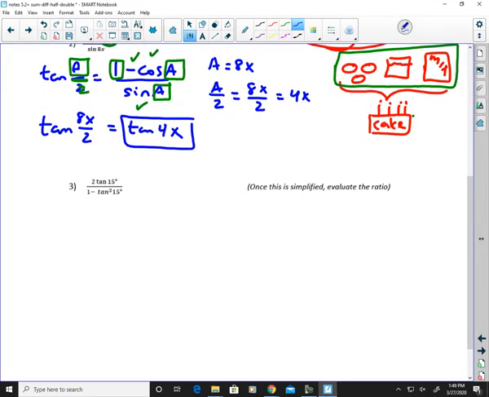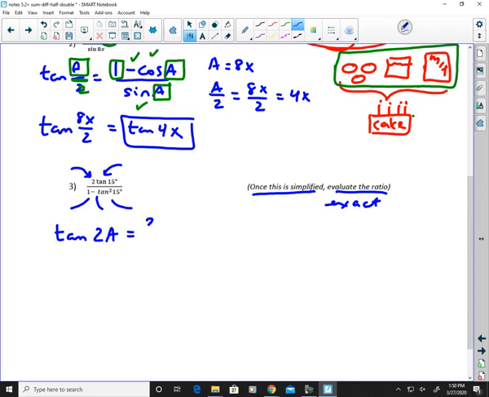Last one for this package, and this says once you've simplified it, let's find the exact ratio. So this formula with the ingredients going in, with a 2 in the front, with a tangent, with a 1 and a minus, and a tangent squared, all those ingredients going in, reminds me a lot of the tangent to a cake.